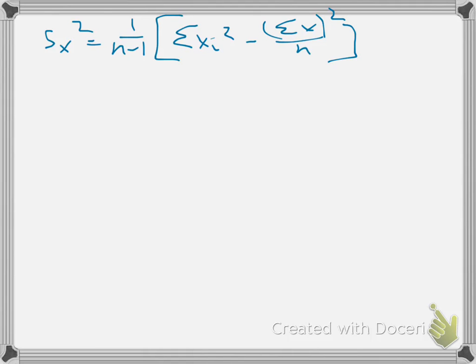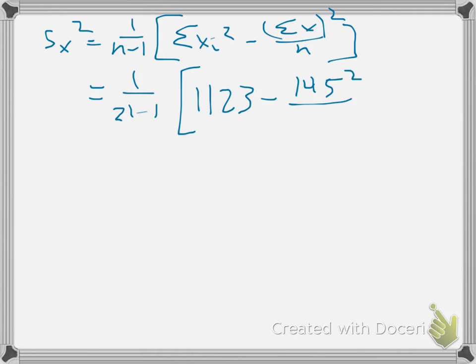So we're using the second formula when we take 1 over n minus 1 times the sum of the squares minus the sum, quantity squared, divided by n. I did all the dirty work. 21 minus 1 over here. The sum of the squares was that 1123 that we had calculated. And then we're going to subtract the sum of x, squared. That was the 145 after we added them all together.